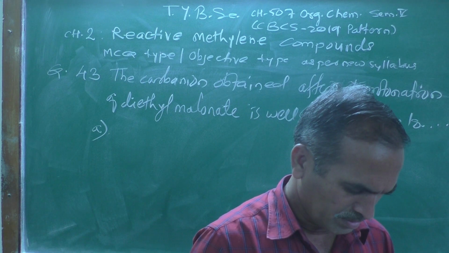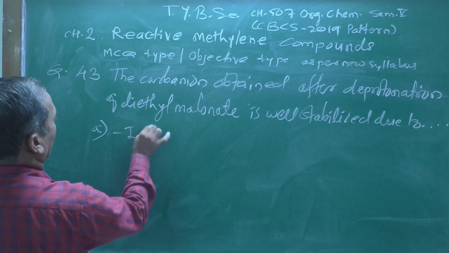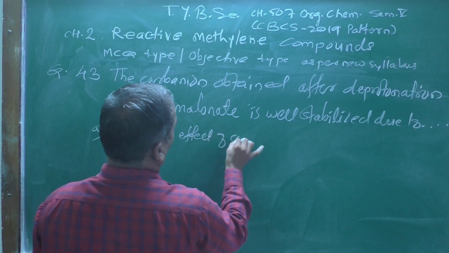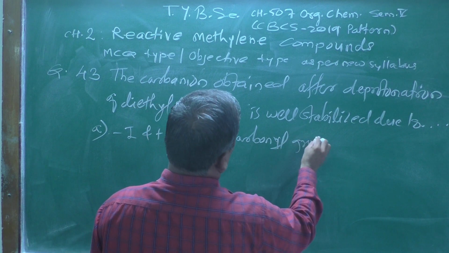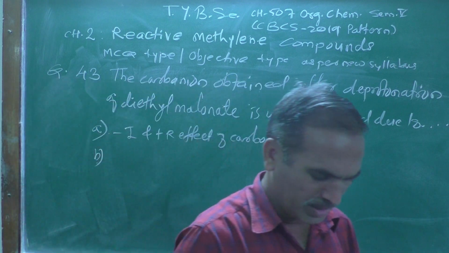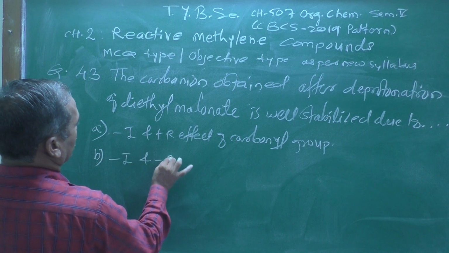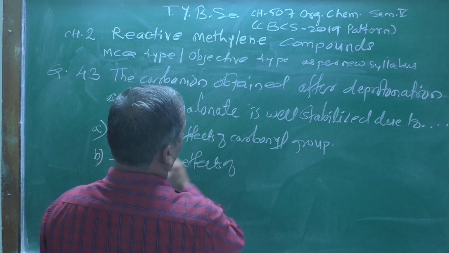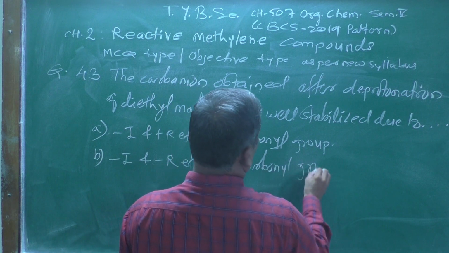Number 1, minus I and plus R effect of carbonyl group. B option will be minus I and minus R effects of carbonyl group.